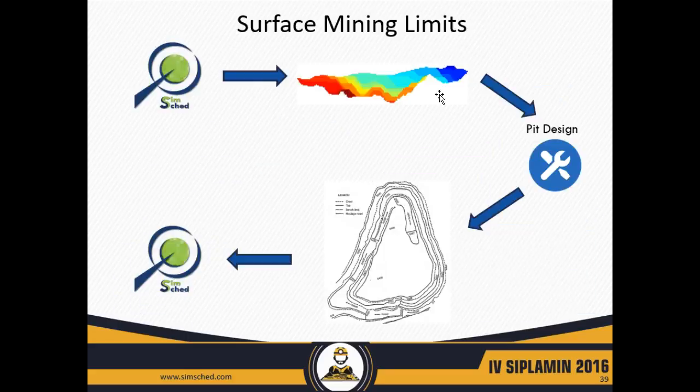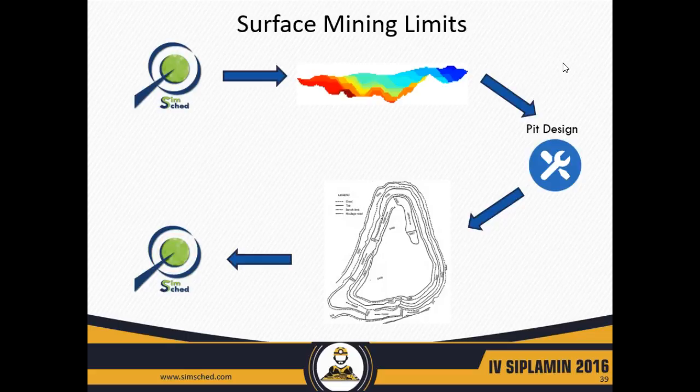And I think one specific thing that I suggest you do is run SimChat once. Once you're happy with the parameters you're going to use, you have the last surface of the periods, then you can do the pit design with the ramps, and then you can import that surface back to run SimShed again inside those limits.